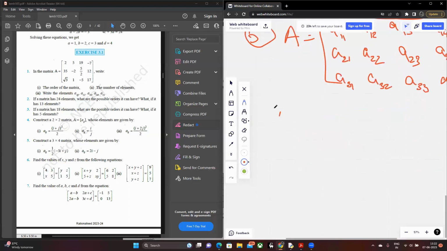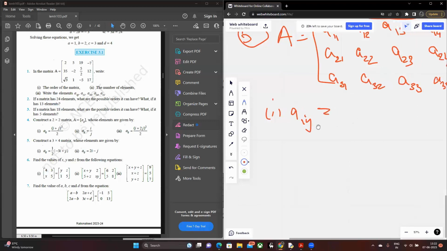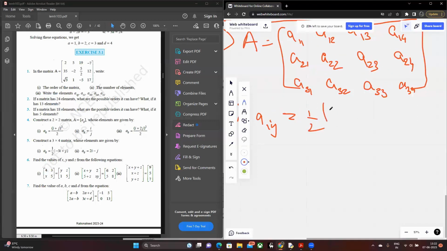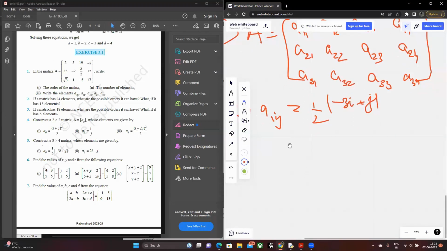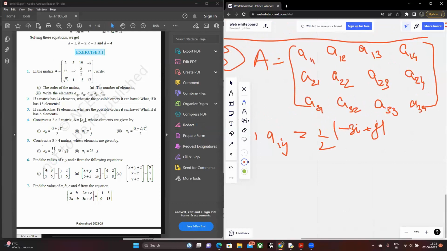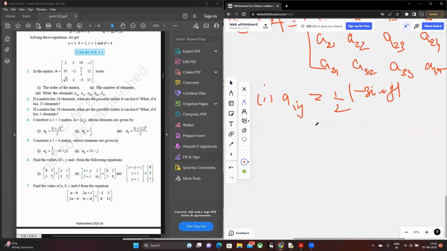Right? For the first subpart, you have Aij equaling half mod of minus 3i plus j. Right? Since we have already done a question of this type over here, I'm going to directly proceed into the calculations without really writing out that substitution. Right? And so I'm going to directly write out the matrix A without making the whole big substitution.